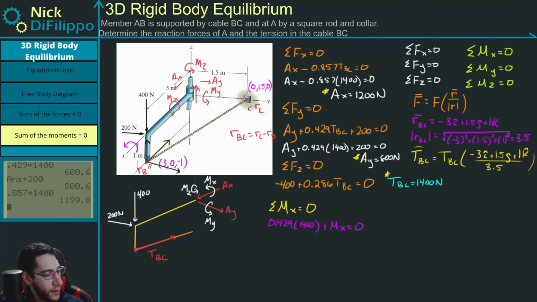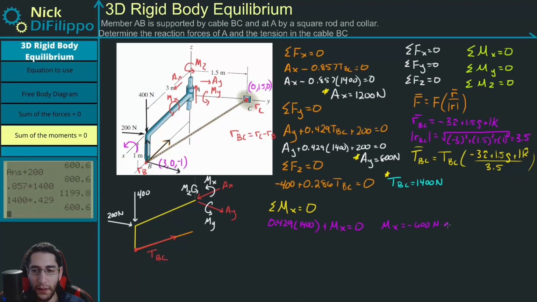Okay, so we can calculate this. And if we calculate this, we're going to have 1400 times 0.429, and this is going to be 600 Newton meters. So Mx, when it goes to the other side of the equation, is going to be equal to minus 600 Newton meters.